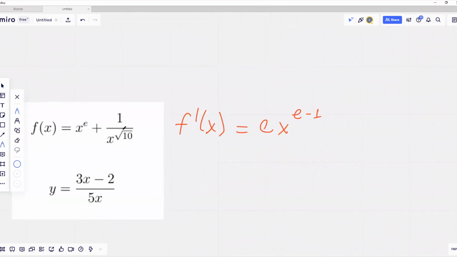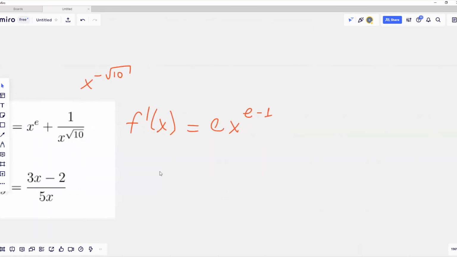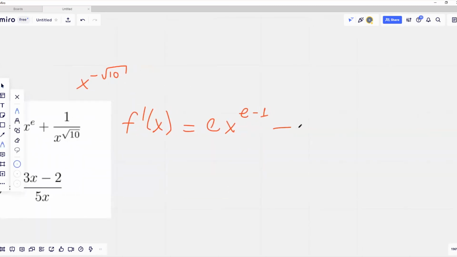Next, that can be expressed as x to the power of minus root of 10. So the derivative of that is minus root of 10 times x to the power of minus root of 10 minus 1.